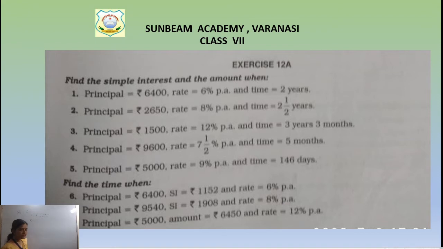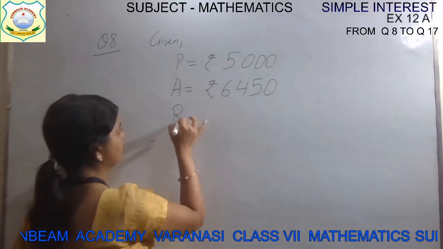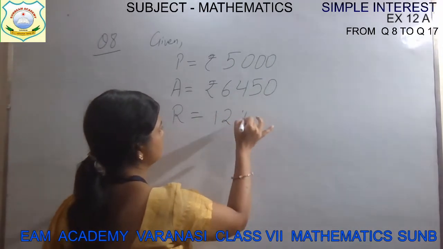That is called as amount. So this is rupees 6,450. Okay. And a rate is also given. A rate is 12% per annum.